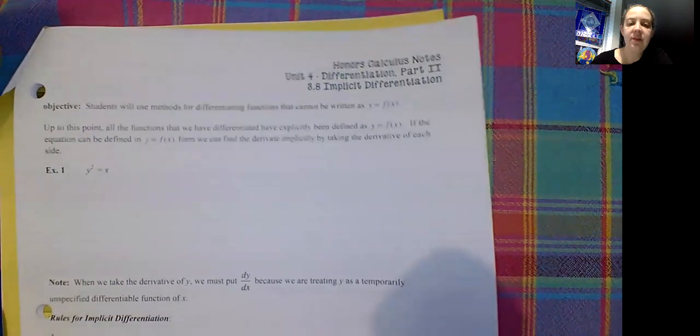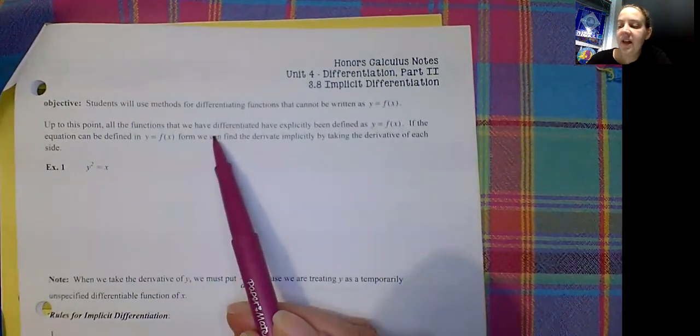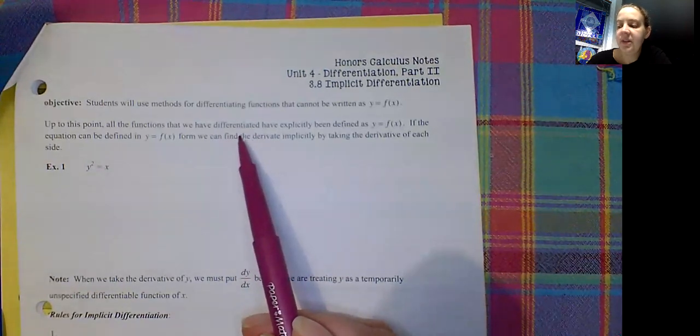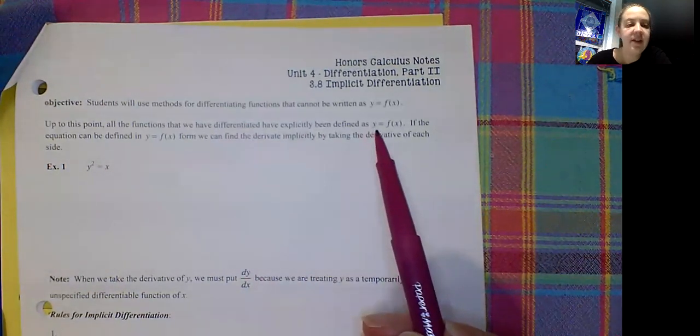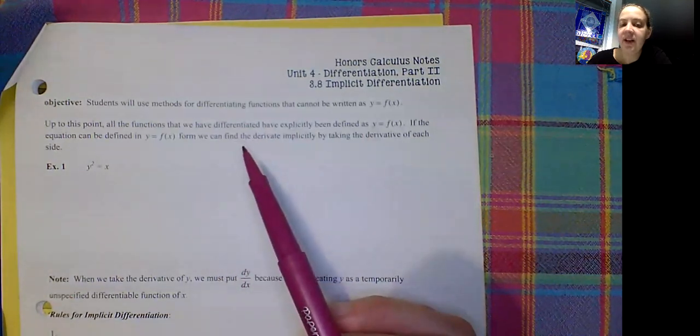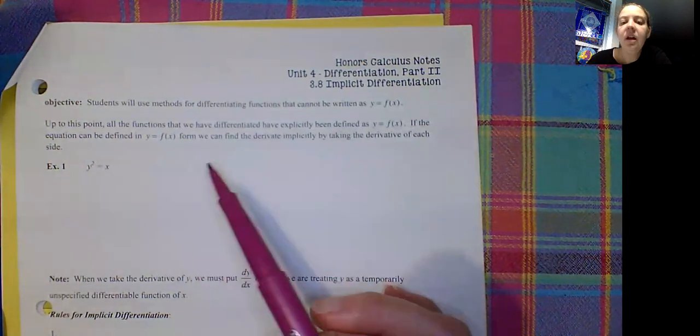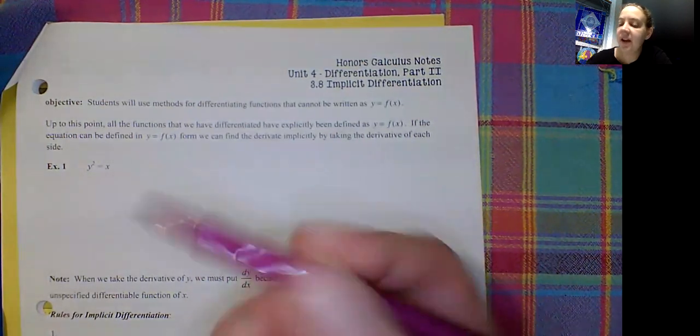So we have implicit differentiation. We've had functions that we've differentiated explicitly as y equals f of x. If the equation cannot be defined as y equals f of x, you can find the derivative of each side.